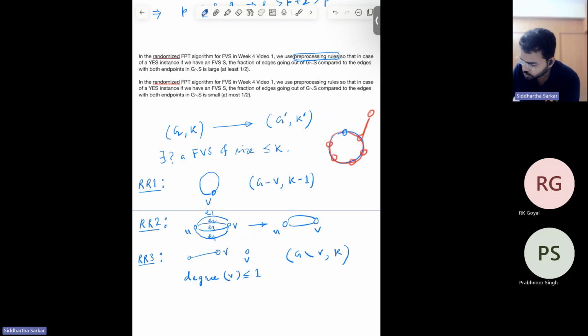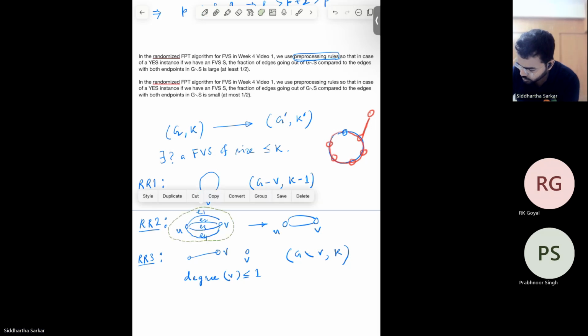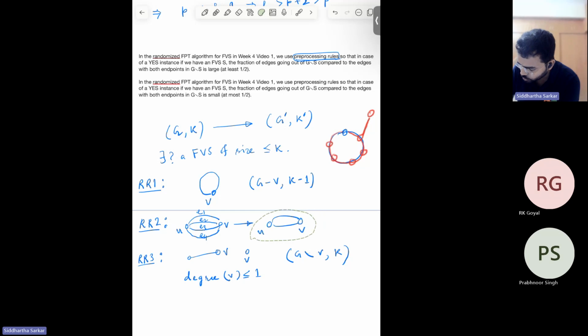Then the reduction is you remove all but 2 edges out of these parallel edges. So you can write that we have G minus E1 comma E2, while the budget is unchanged.